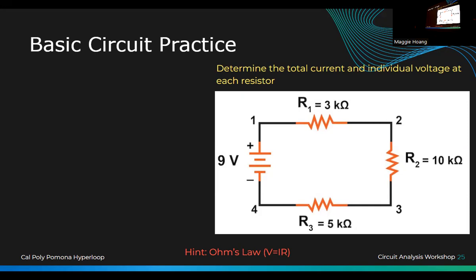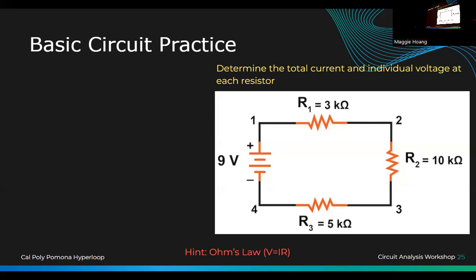So we're going to combine all the resistors together, and how do we do that? Add them. So 3, 10, and 5. What is that? 18K ohms. And then you have Ohm's law, which is V equals IR. So this is R total, 18K ohms, and then 9 volts.